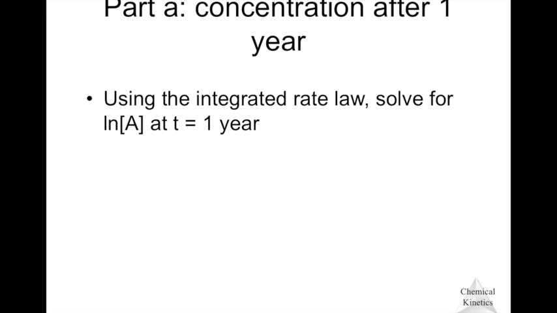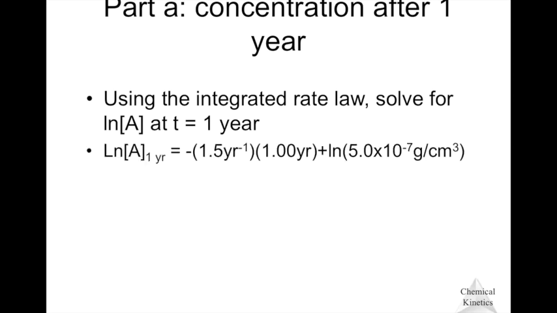So use that rate law to solve for the natural log of concentration A at time t equals 1 year. So the natural log of A at 1 year, and you can plug in all your other values. Here's our negative rate constant, here's our time t, and here's our initial concentration, taking the natural log of that.